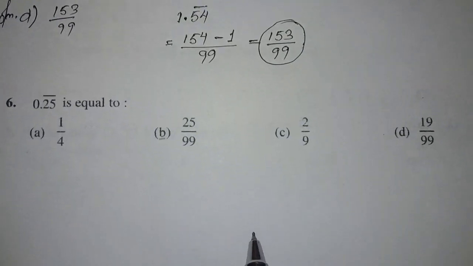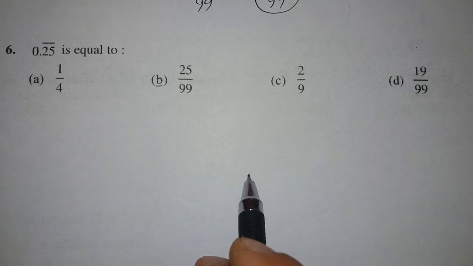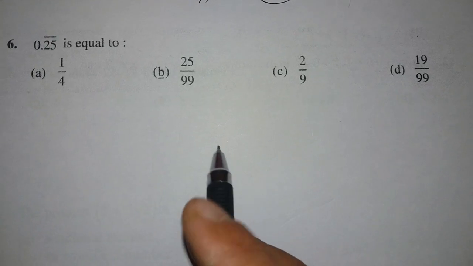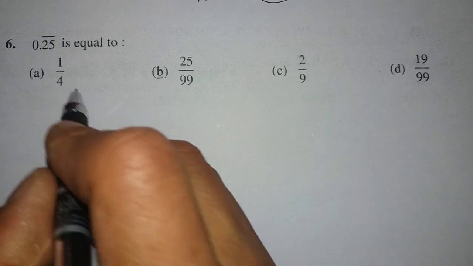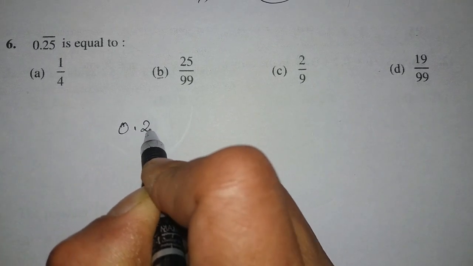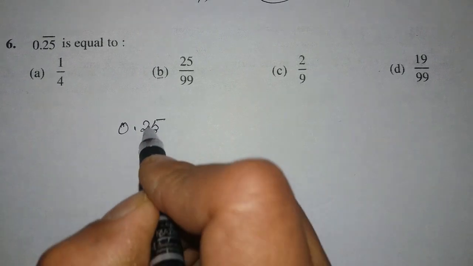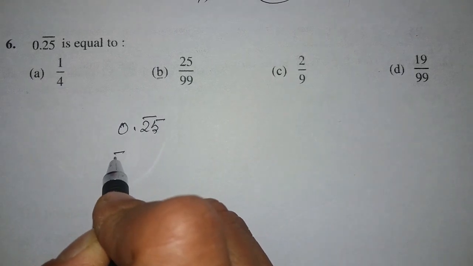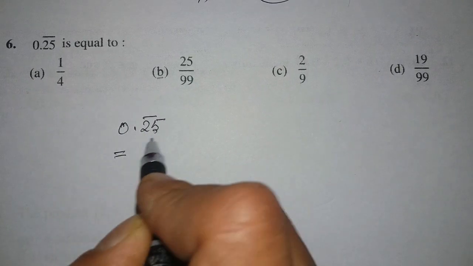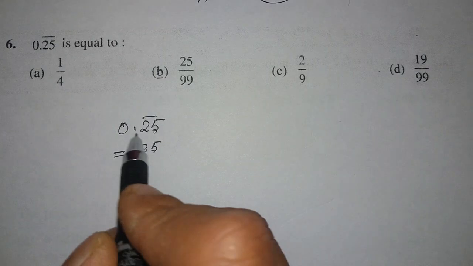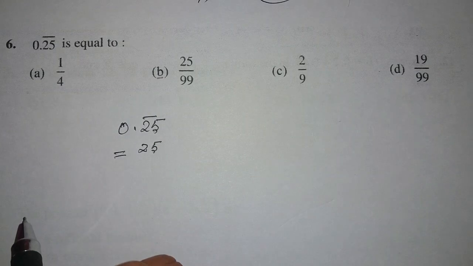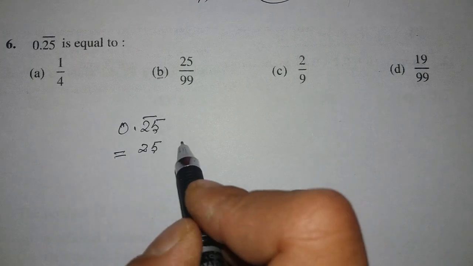Now question number 5. 0.25 bar is equal to, similar question. As I've said just now, you write whatever number is here. So you write here 25. No, we don't need to write 0 here.